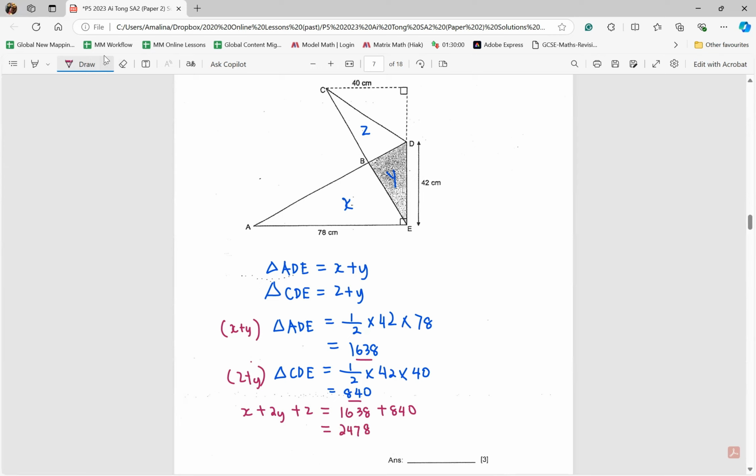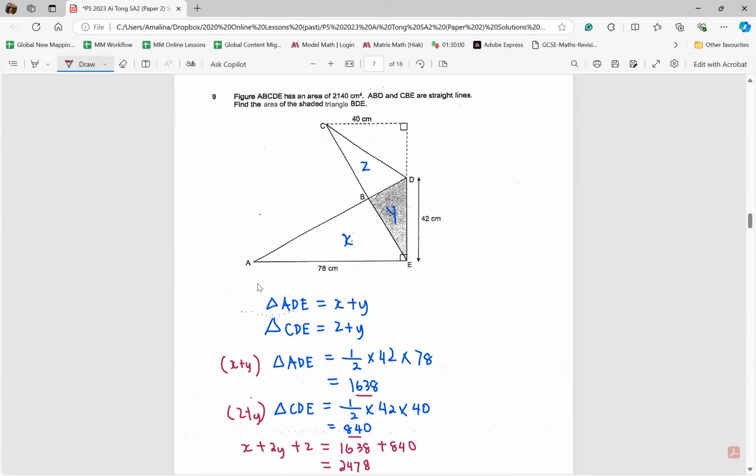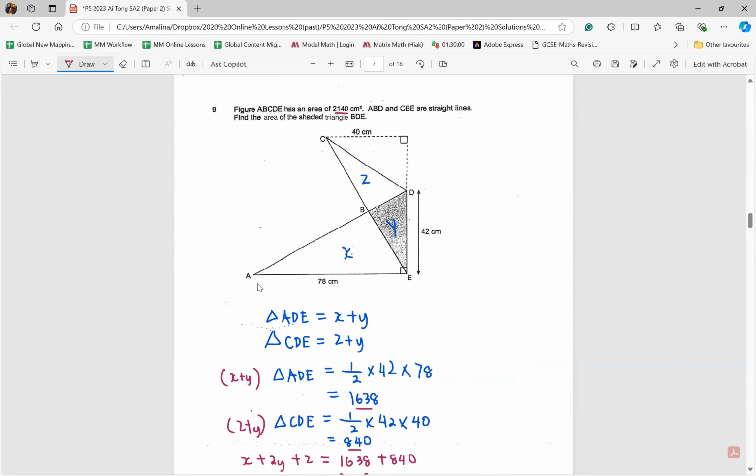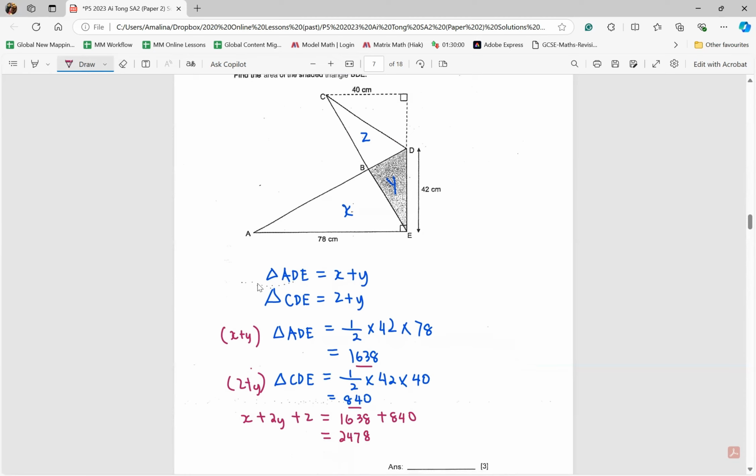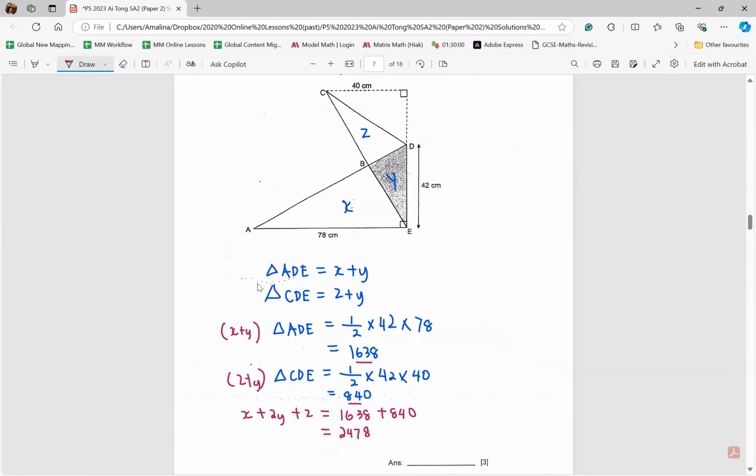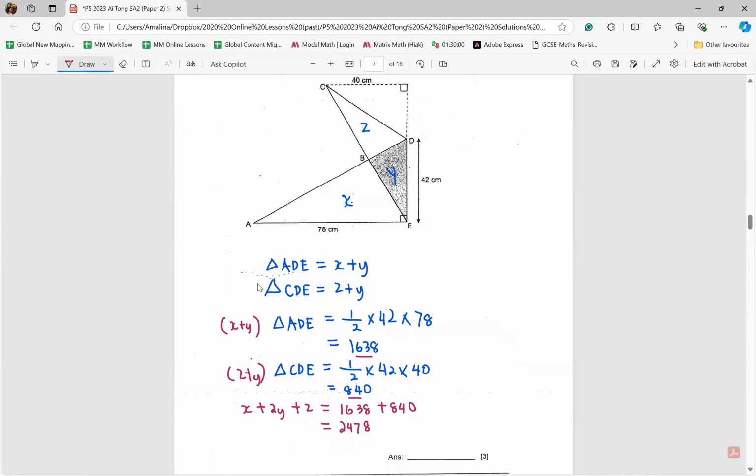But right now you're interested to find Y. And in the question you're also given your 2140. This 2140 is the whole figure, which indicates that this is my X plus Y plus Z. So you see that this is my X plus 2Y plus Z, and I also have my X plus Y plus Z. This is my 2140.